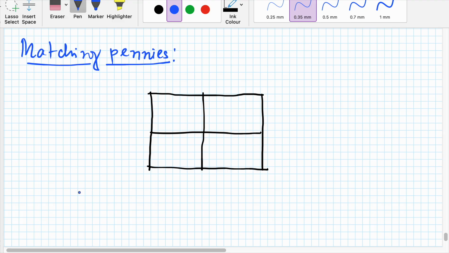If both of them show the same side, then person 2 pays person 1 a dollar. Suppose this is person 1, this is person 2. Both of them have the actions that they can show head or they can show tail.